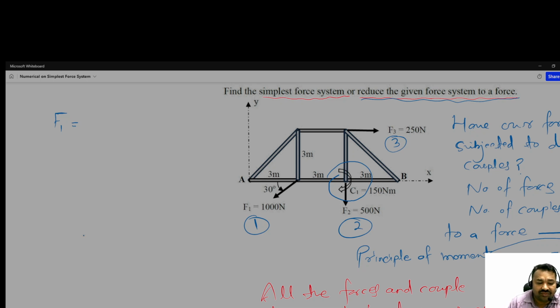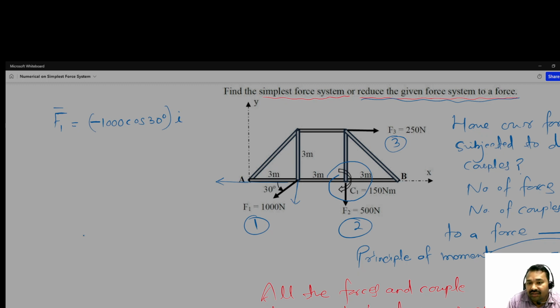So from here F1 can be represented by its vertical component, this one, and its horizontal component, this one. So the vertical component will have a negative sign, and the magnitude is 1000 cos 30 degrees. It is the I component. What about the J component?